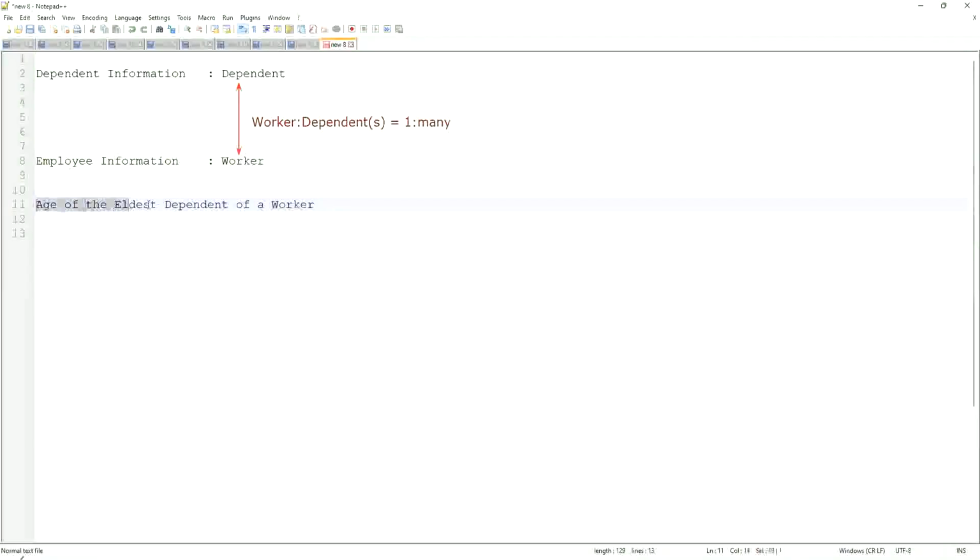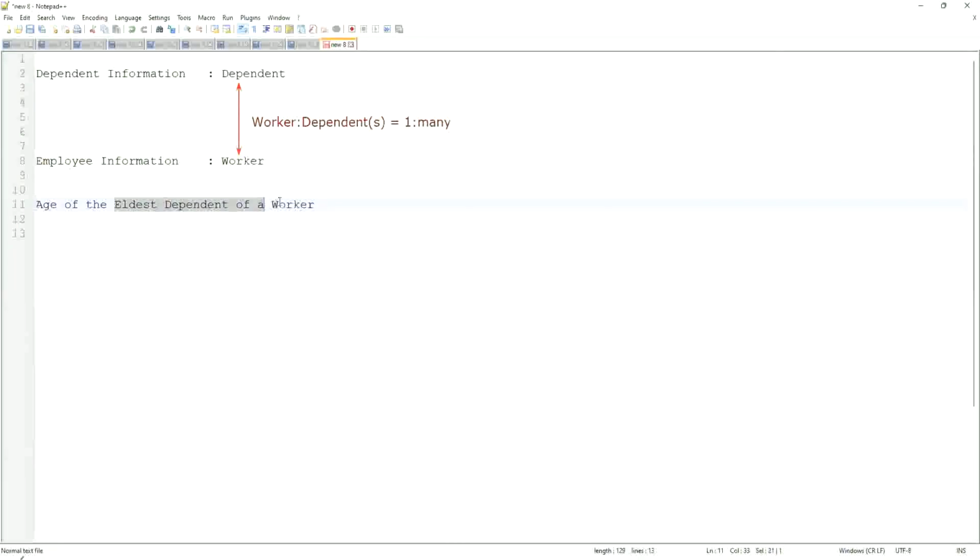And then age of the eldest dependent. Isn't it? First, we have to find out who is the eldest dependent. Then we find out what is the age of that eldest dependent. We break it down into smaller pieces.